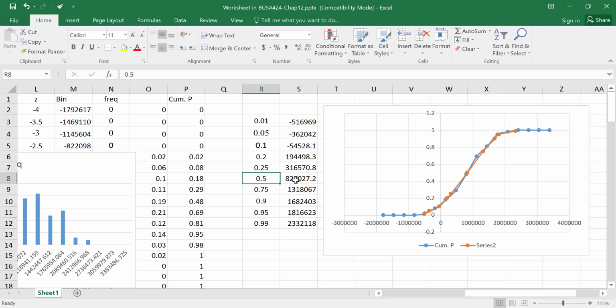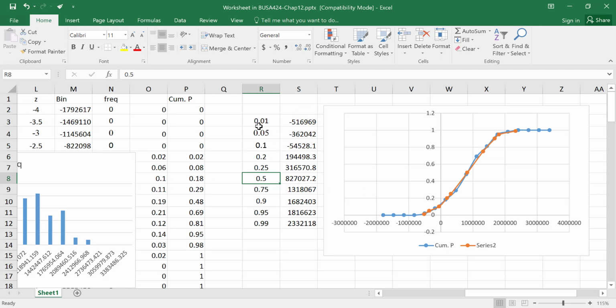This one says, for example, 50% of the simulation we are getting less than or equal to $825,207 or less for 50% of the simulation.